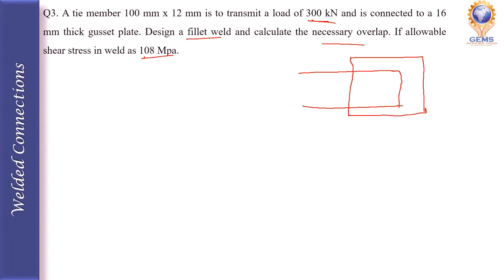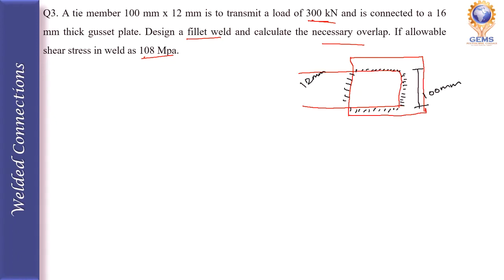For an economical fillet weld, we have to find the minimum overlap, so we assume we are providing the weld on all four sides, to get the economy of the overlap section. The question shows a 100 mm tie member, and the thickness is 12 mm.